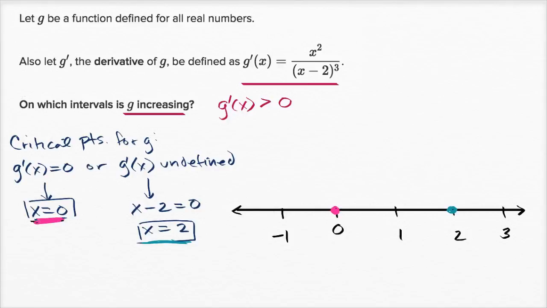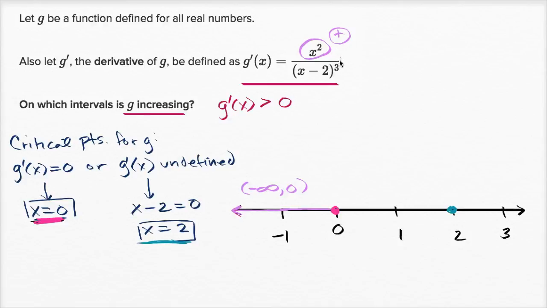So let's first think about the interval between negative infinity and 0, that open interval. If we look at g prime, the numerator is going to be positive. You take any negative value, you square it, you're going to get a positive value. Now what about the denominator? You take a negative number, you subtract 2 from it, you're still going to get a negative number, and then you take it to the third power.